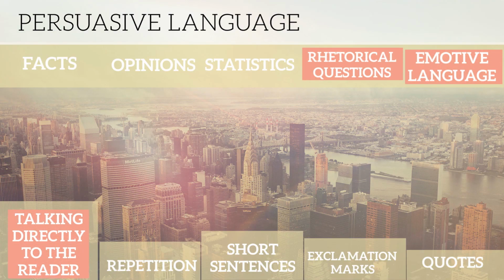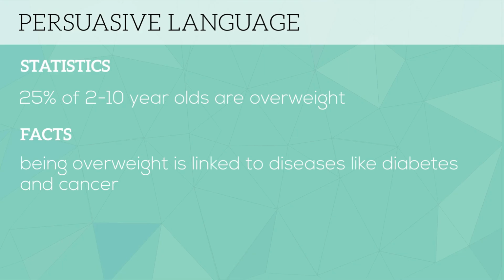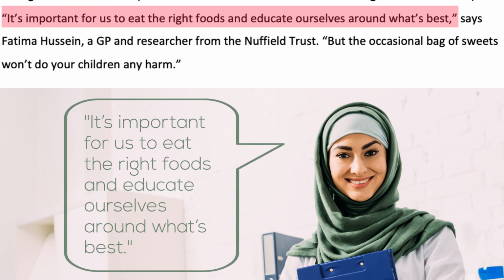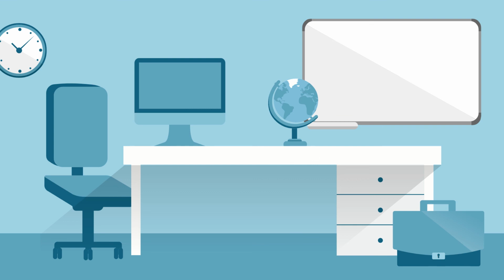Then we introduced 3 new persuasive techniques: statistics, facts, and opinions. Again, we went back to our article and uncovered these techniques and talked about how they persuade the reader. We also talked a bit about quotations, the exact words that somebody, usually an expert, spoke, and that we can use quotations to give weight to our opinion. So, to wrap this up, let's finish with a nice little quote about health.